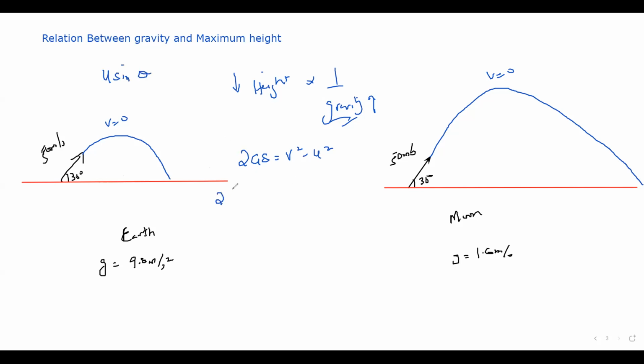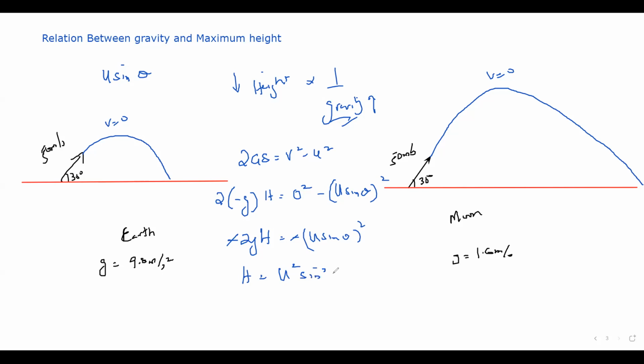So we have gravity as minus g, the height is h, final velocity is 0, and initial is u sine theta. So it will be minus 2gh equals minus u square sine square theta. So negative will cancel with negative, so h equals u square sine square theta divided by 2g.